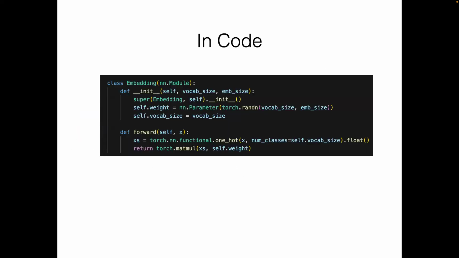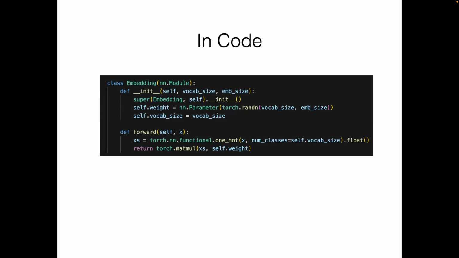Okay, and then we can actually implement this in code. So here, this is implementing an embedding table, an embedding layer. And this isn't an efficient way to do it, there's probably more efficient ways, but here I'm just convincing you that you can do this one-hot multiplication.